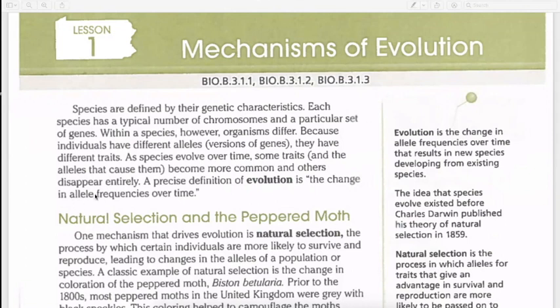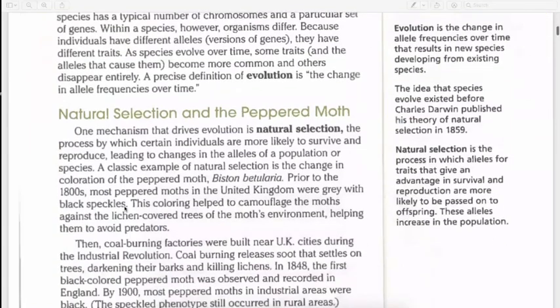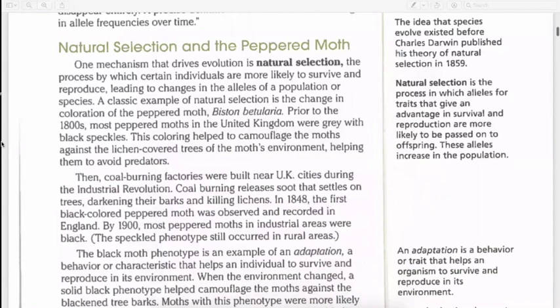So an allele frequency is how often certain alleles show up in our population. Evolution is when the allele frequency of a certain allele changes. So the question is, what is going to cause that change in allele frequency? What's going to cause a change in our population's genetics?